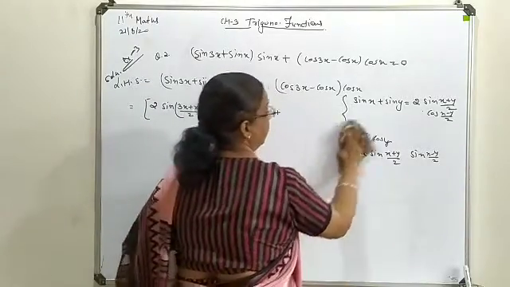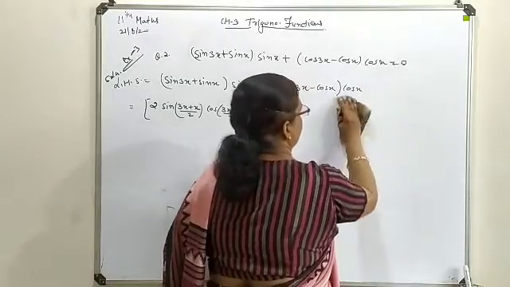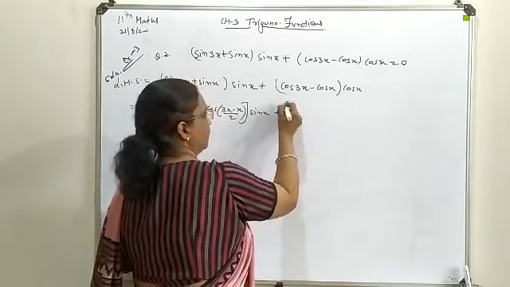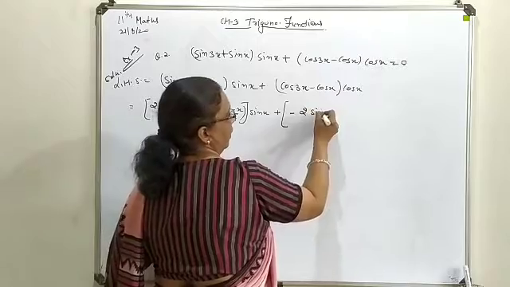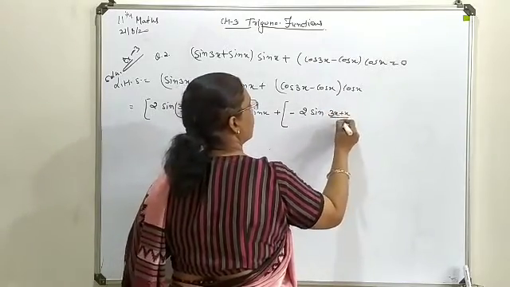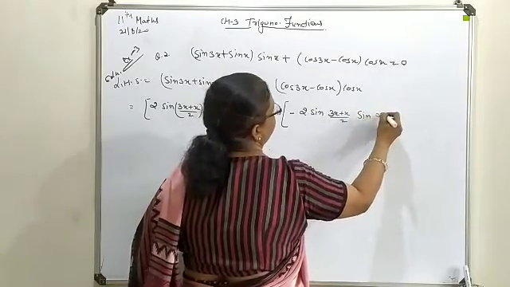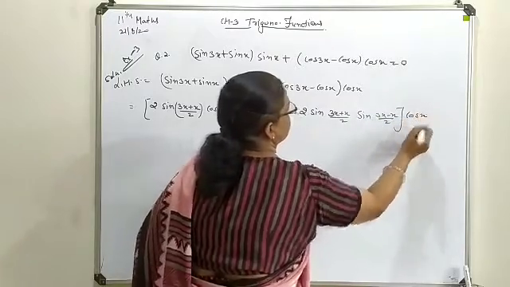Formula is clear, I think. Now here this will give you minus 2 sin of the sum of these two, sin of the difference of these two, outside it is cos.